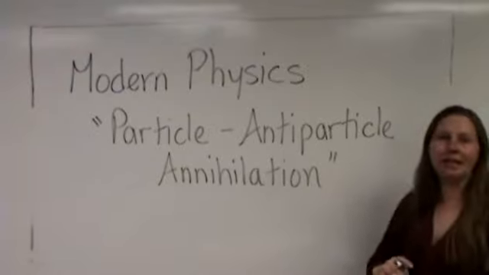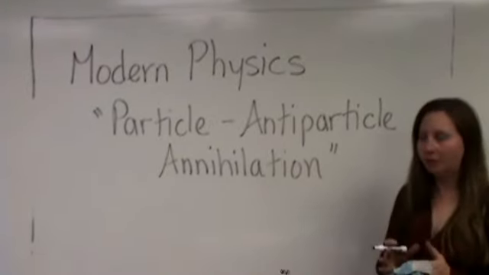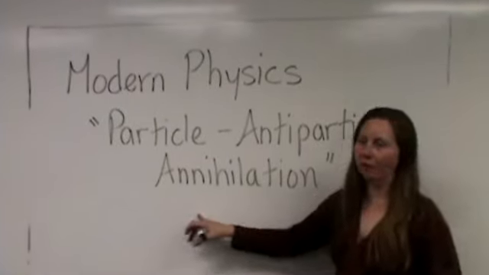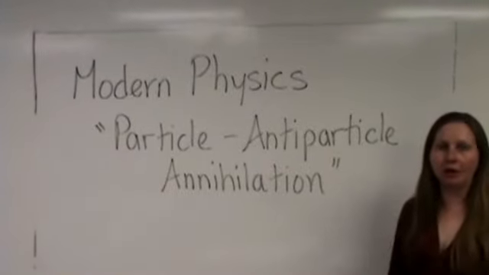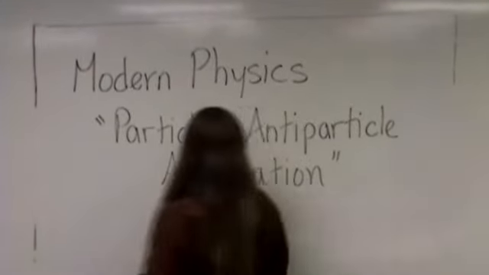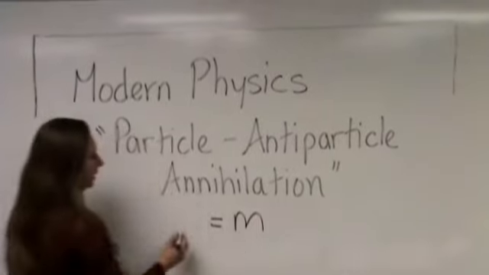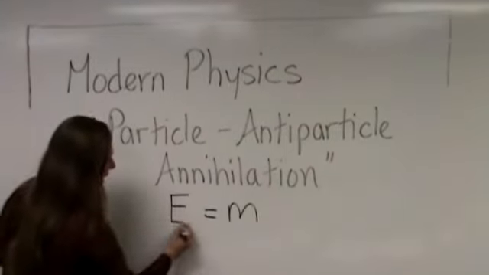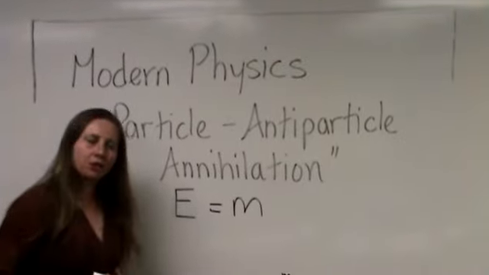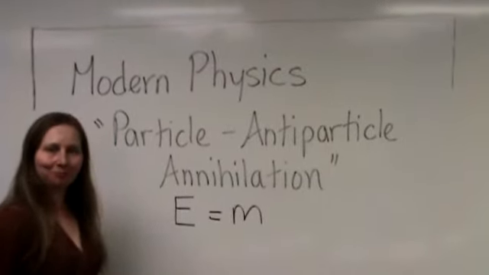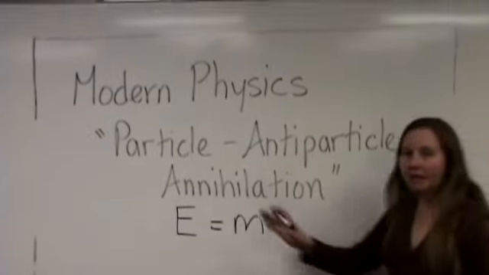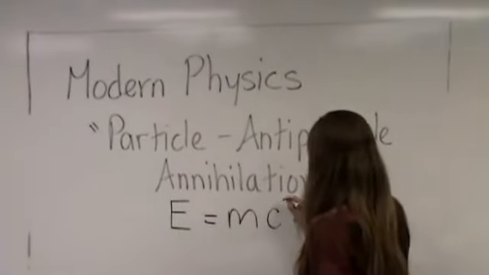When the particle and the antiparticle meet, they annihilate each other and become energy. They are converted to energy. So again, if their mass is converted to energy, what equation do you think we're going to be using? That's right. We'll be using our old friend E equals mc squared.